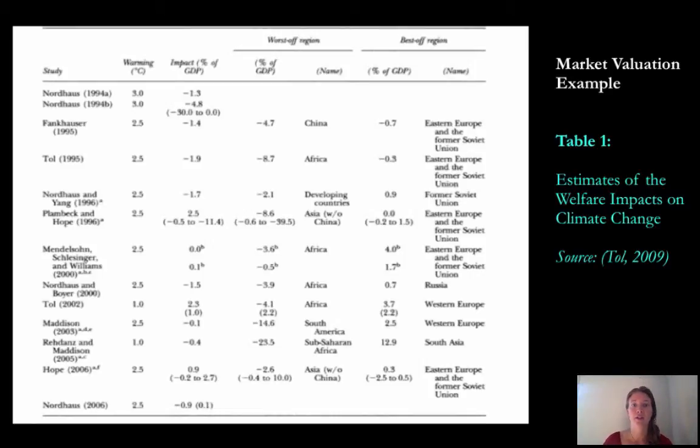Then there's an aggregate benefit because the worst off regions' negative environmental consequences don't necessarily translate into economic consequences because of the scales of their economies.